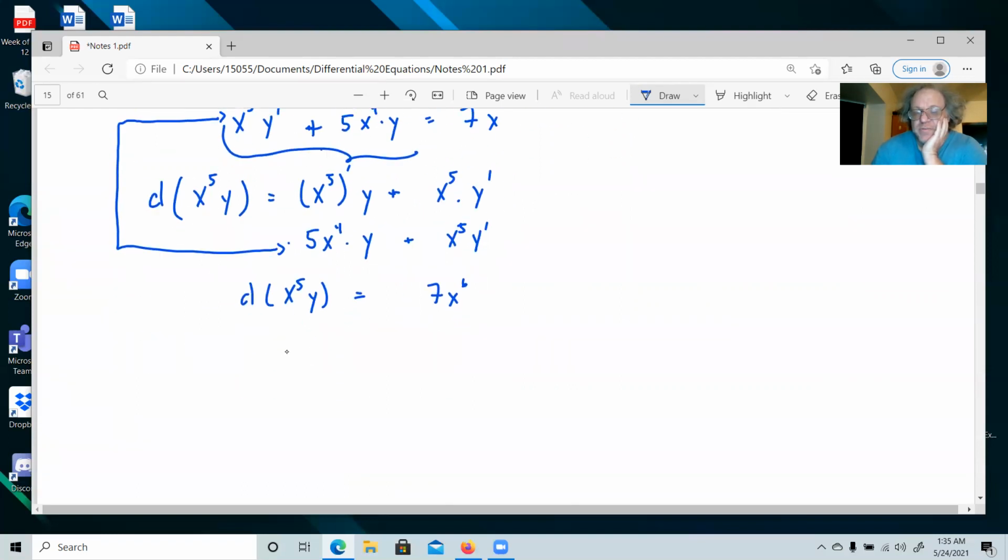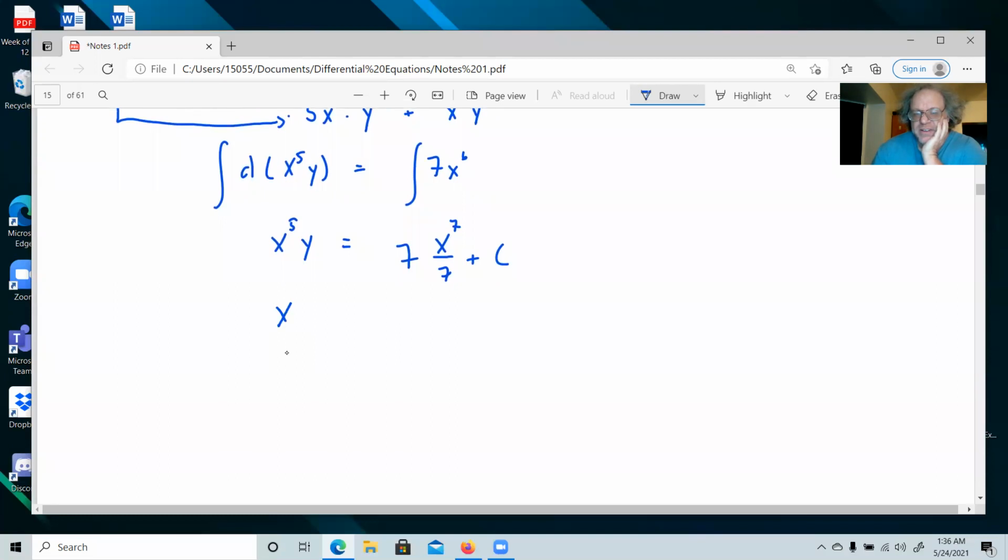Now, if I just take the integrals on both sides, right, this is the fundamental theorem of calculus, we can just undo a derivative and get x to the 5th y is equal to, right? Oh boy, did I come up with a good problem. Plus c, okay?